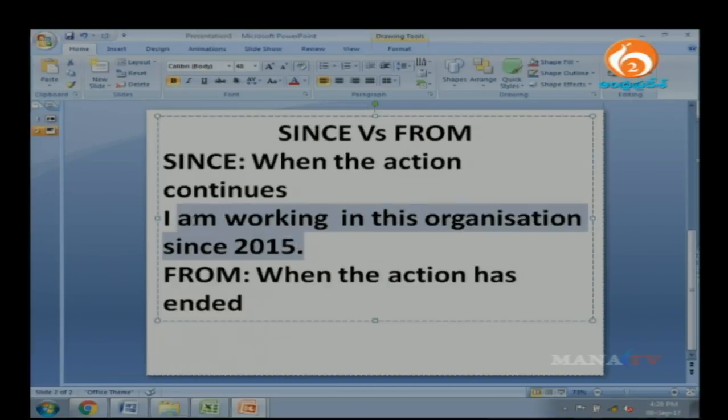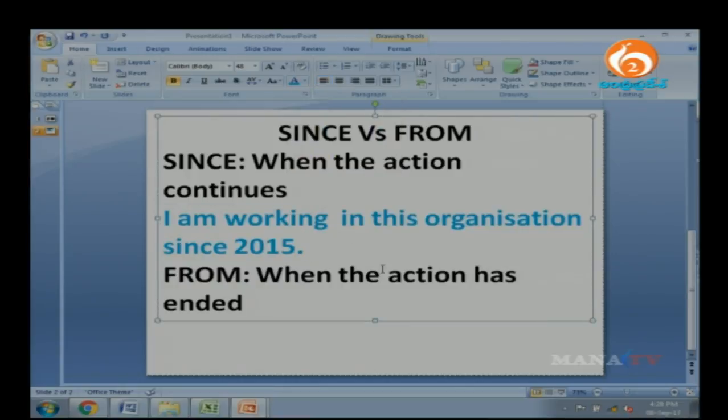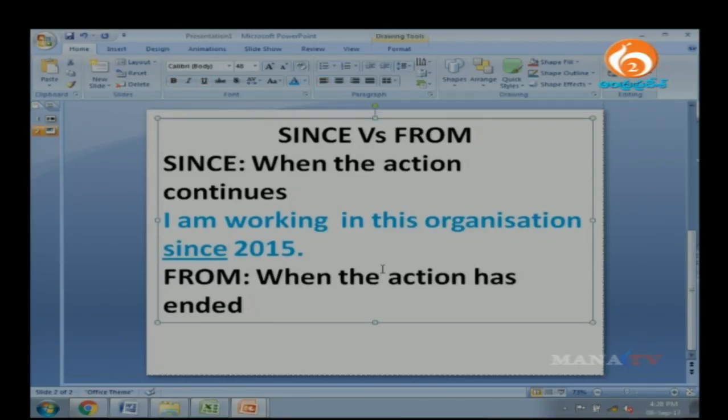Let me mark this in a different color so that you can understand. I am working in this organization since 2015. Since is the appropriate form here because it is still continuing. The time is still continuing.